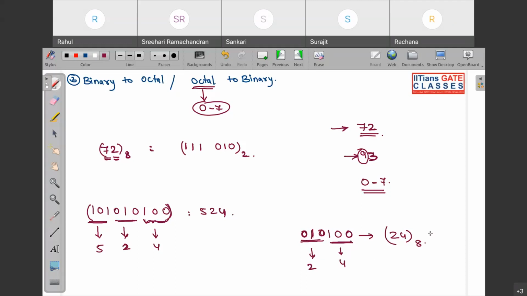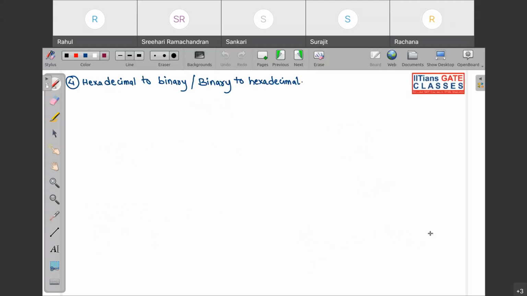Okay, fine. So now let us move forward. Next is hexadecimal to binary and binary to hexadecimal. In hexadecimal, we have from 0 to 15: 7, 8, 9, 10, 11, 12, 13, 14, 15.